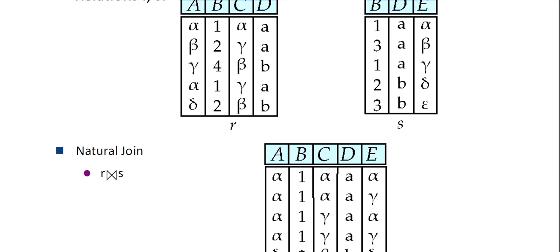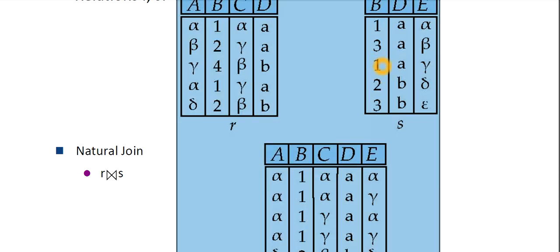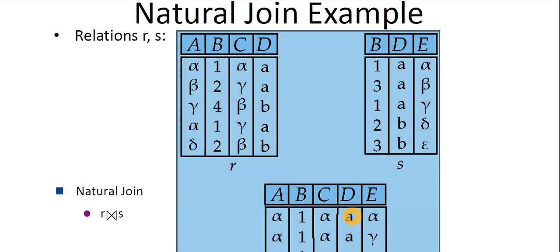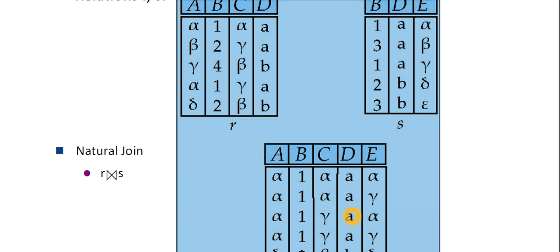Then similarly, alpha, 1, alpha, A, gamma, because with this alpha 1, alpha A, gamma comes with respect to B value 1, isn't it? Similarly alpha 1 gamma, A gamma alpha, and gamma, 2, beta, B, gamma. It's very easy, you just analyze this. If you find difficulty, you can comment and I'll go through it.